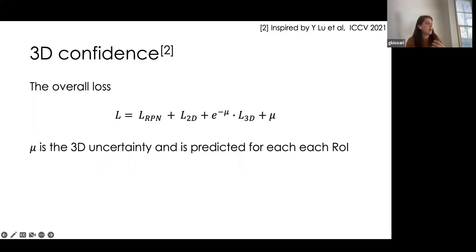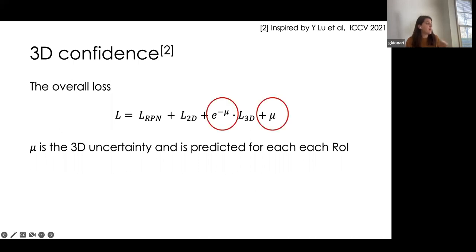So this uncertainty is basically the signal that the model tells you about whether it's confident about the 3D prediction. And so the exponential of minus mu, minus uncertainty, which is the confidence, weighs the 3D loss, and then that uncertainty is also added to the final loss.